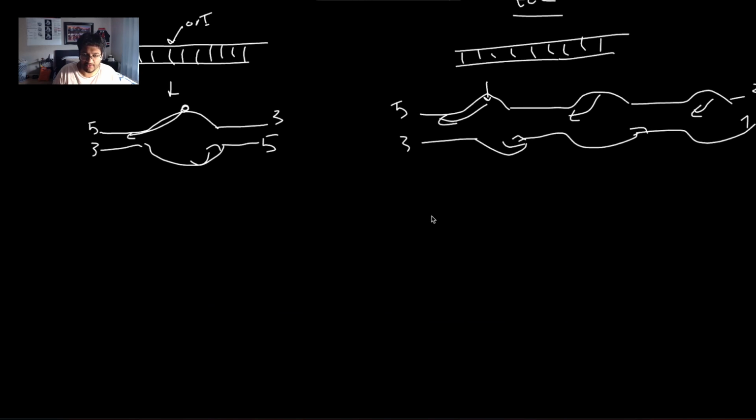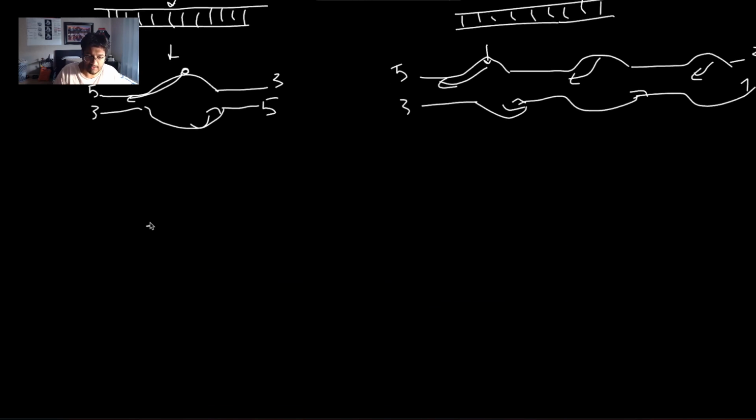Okay, now let's go through the exact mechanism. DNA is anti-parallel, which just means there's one strand that goes from 5 prime to 3 prime, and the opposite strand goes from 3 prime to 5 prime.